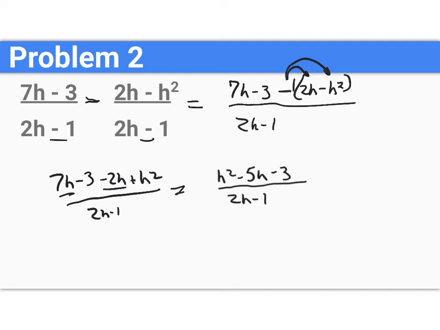So I'm just going to leave it like that. That is as simplified as I can get it. I wish this had been a 2 in front of the h squared, because things would have looked very differently. I would have been able to factor it. But that is not the case, and this is all you can do to simplify this problem.